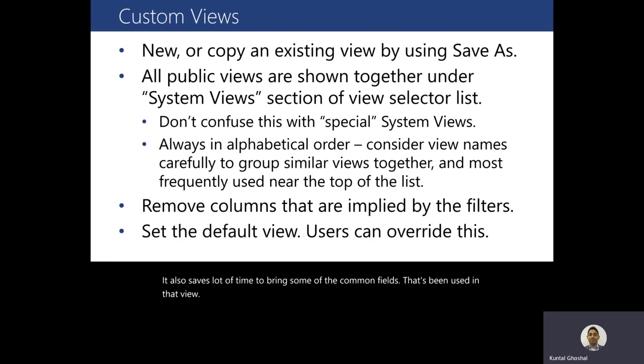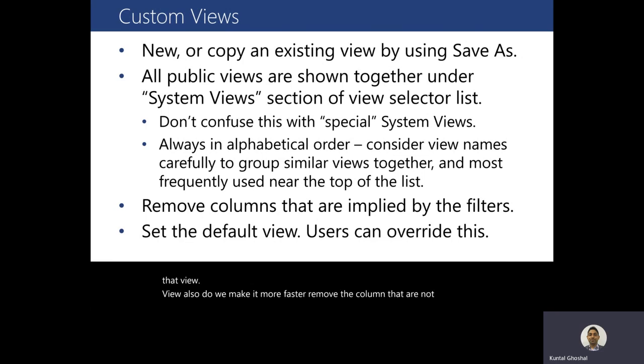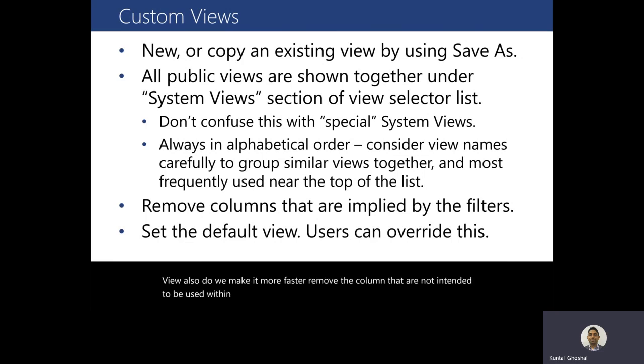To make a view faster, remove the columns that are not intended to be used, and your view should only display the columns that are required for that set of users. For example, you can create a view like show me all the customers where there are no transactions done in the last 3 months.